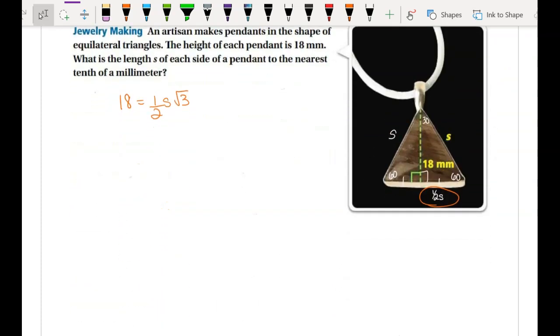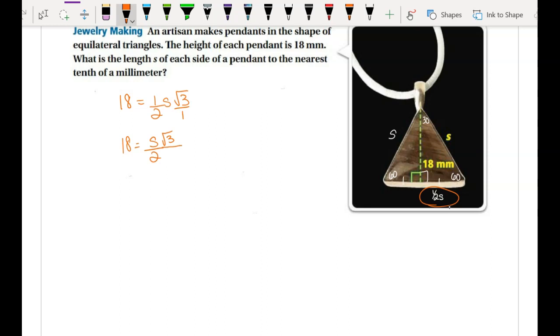So here's my short leg. Let's see what I have. 18 is equal to 1 times s is just s, over 2. S times square root of 3 is s square root of 3. I'll put this over 1.